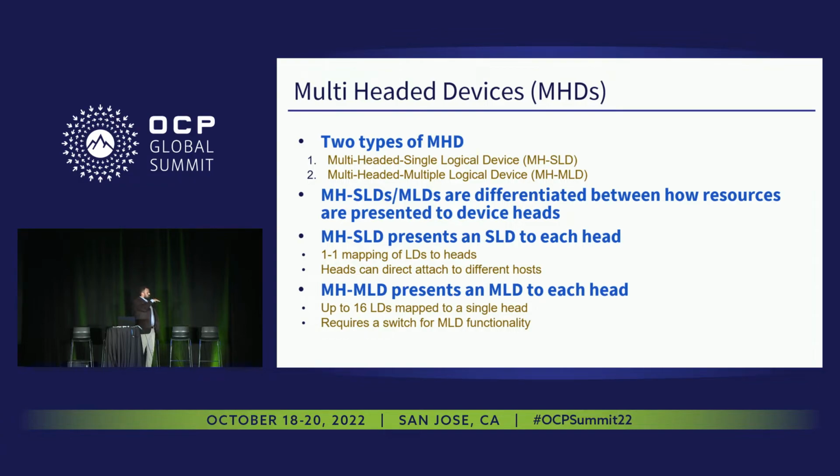With the MH-SLD, we have a one-to-one mapping of LDs to hosts, and with an MH-MLD, we have up to 16 logical devices. Remember the MLD concept came in 2.0, so the MH-MLD concept was an adder into 3.0, so we could maintain some of the MLD composability that we are used to and that we had the frameworks built for already. But for the MLD functionality in the MH-MLD, you still require a switch.